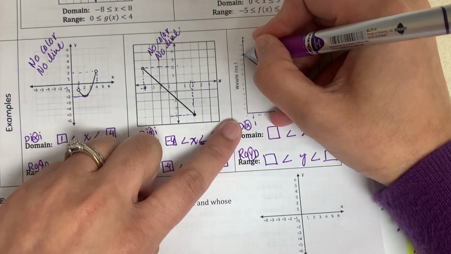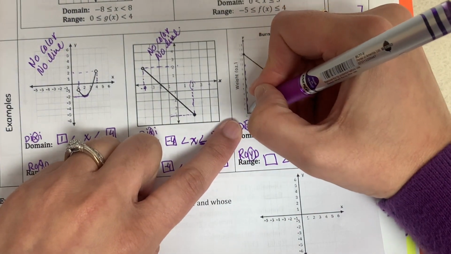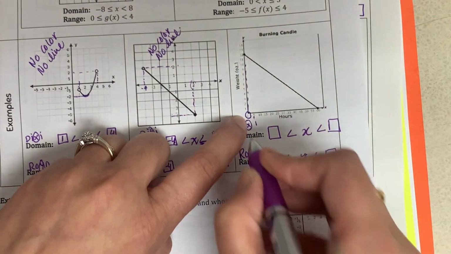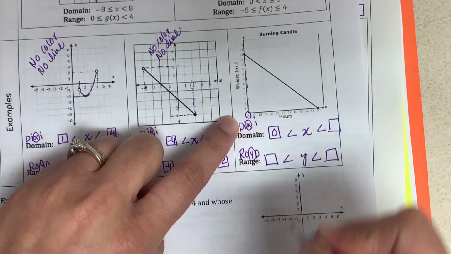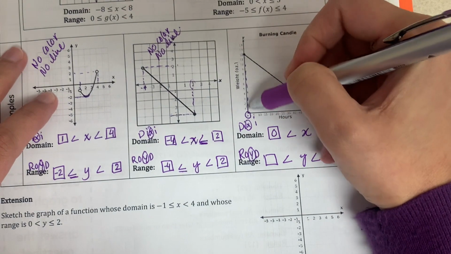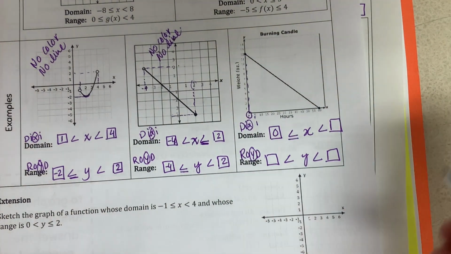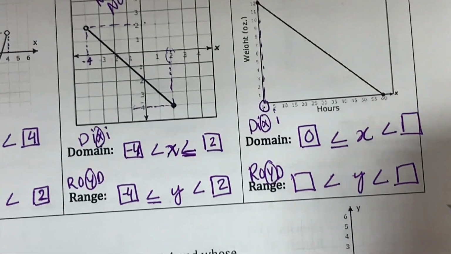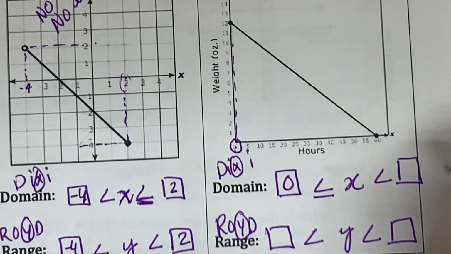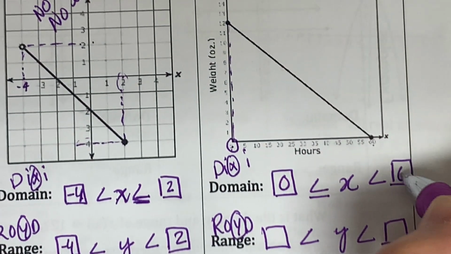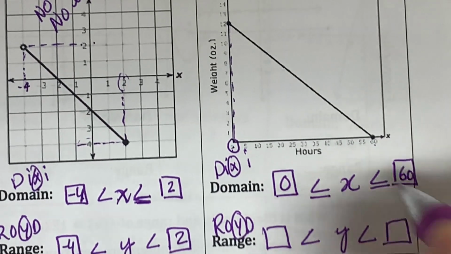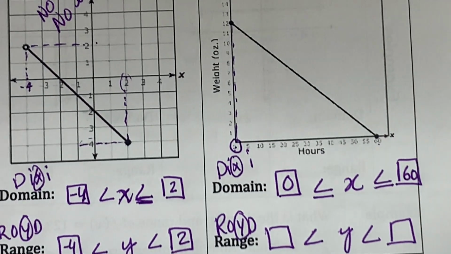So this is the starting point, the leftmost point, which is 0. It's a closed circle, so I put a line. And then the rightmost point is 60. So there you go, 60 with a closed circle. So put a line there.